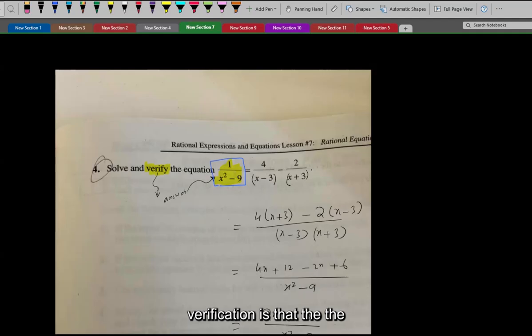So I think the verification is that the left hand side and the right side are not equal to each other. Okay. Yeah, we were right. We were going in the right direction. Oh, right, because it says verify. Yeah. After the verification, we came to know that this is not the case.